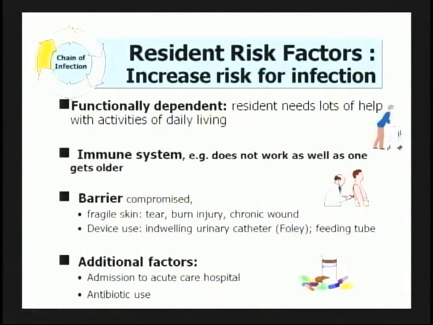Certainly immune system, so our ability to fight off infection if we do get exposed, begins to lose its effectiveness the older we get. As we age, our ability to mount a good immune response against a particular infectious agent drops considerably over time.